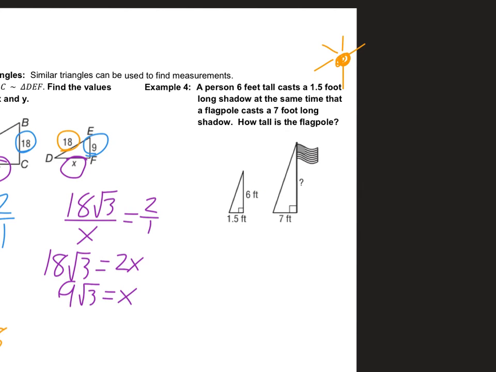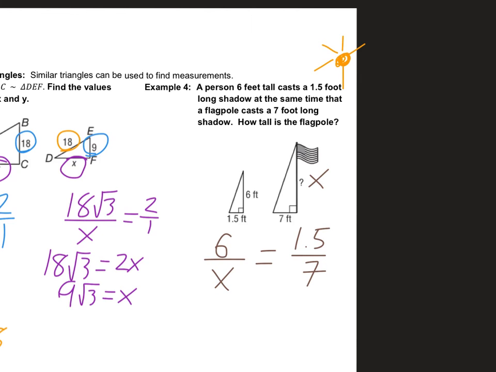So we can set up our equation. Let's set our unknown value as x. So we can say that 6 to x must be equal to 1.5 to 7.